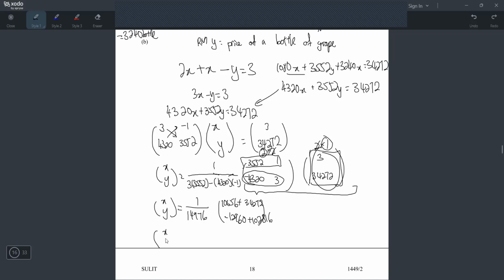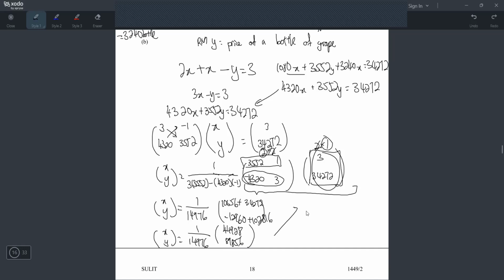Okay, keep going. XY equals 1 over 14976. Let's do the addition and subtraction first. I press calculator 10656 plus 34272, 44928. So we write 44928. Next one, negative 12960 plus 102816, 89856.